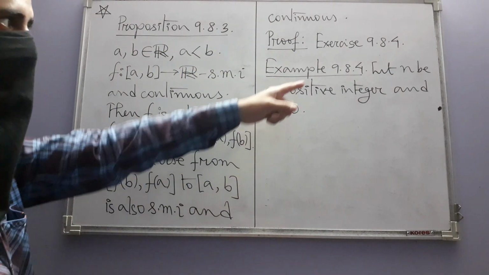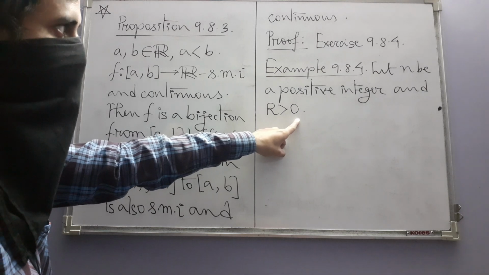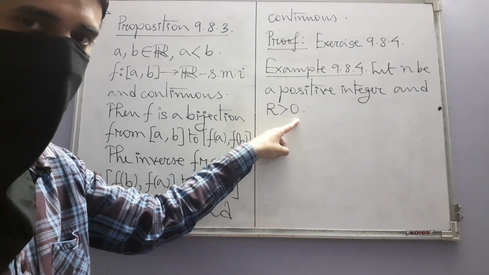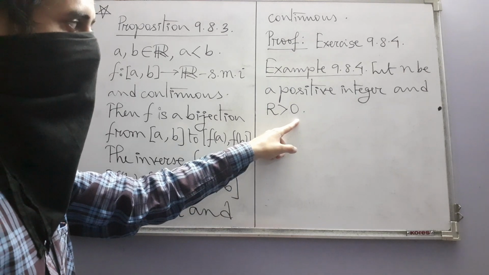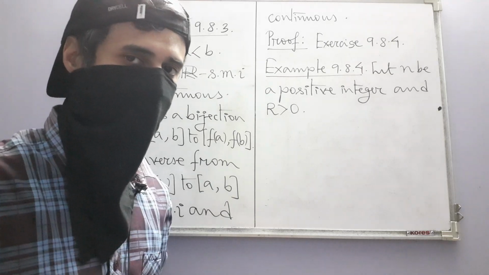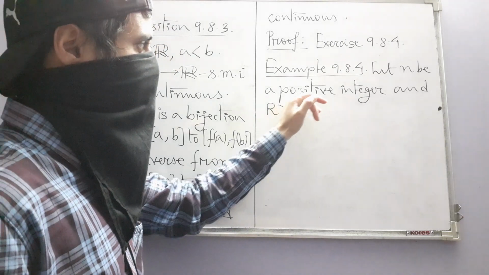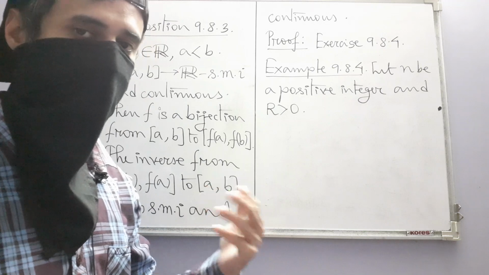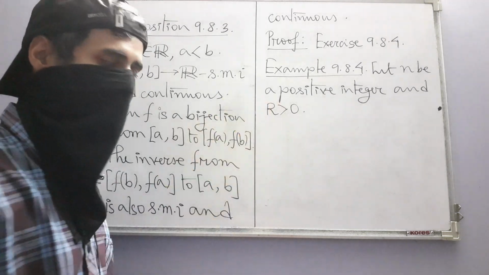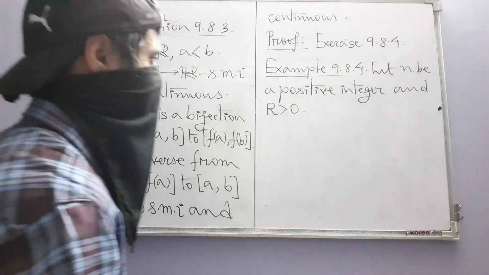If we simply write n greater than 0, then although we usually use n to denote an integer, strictly speaking, that will simply mean that n is a positive real number. So that's why we need to say specifically that n is a positive integer. But this simply means that r is a positive real number.